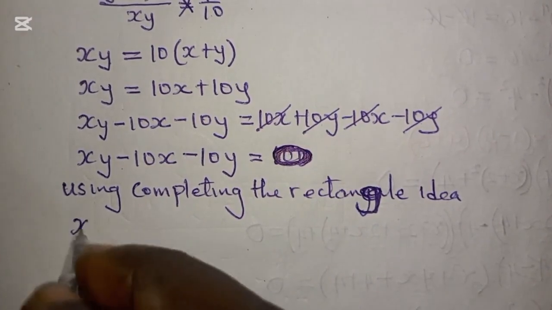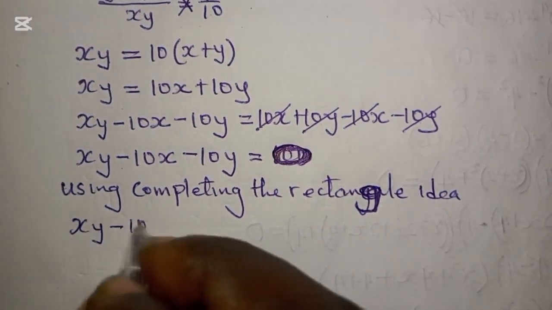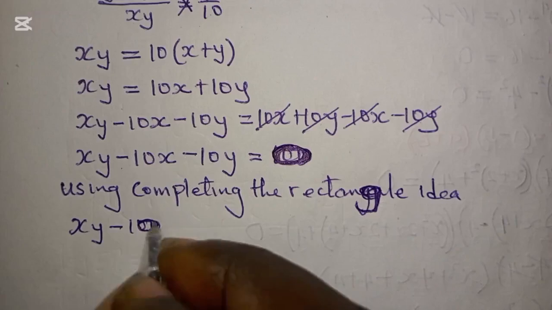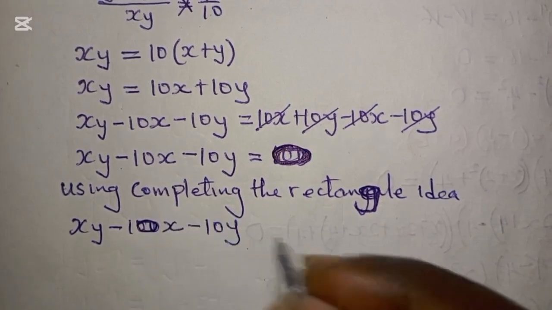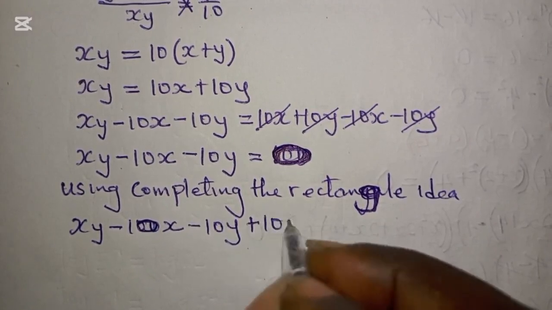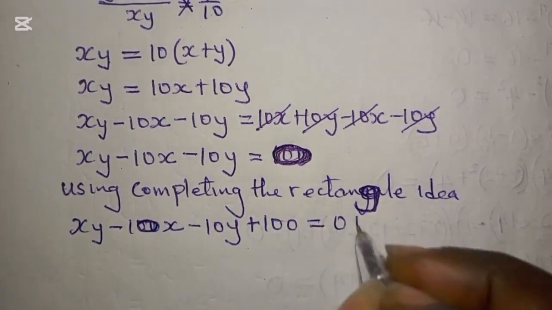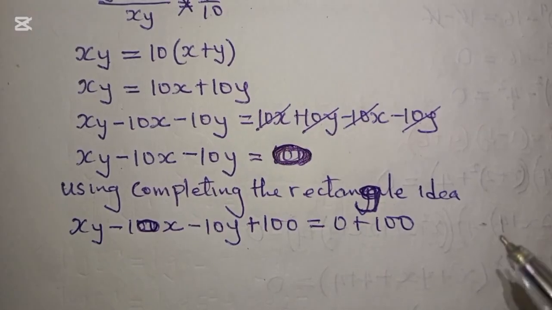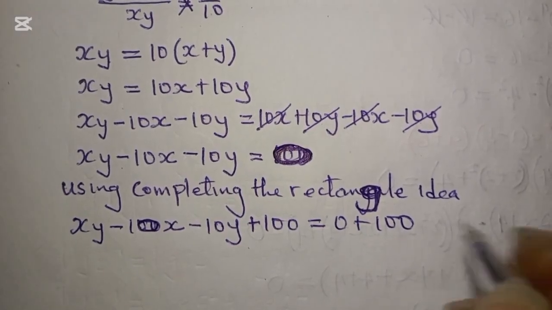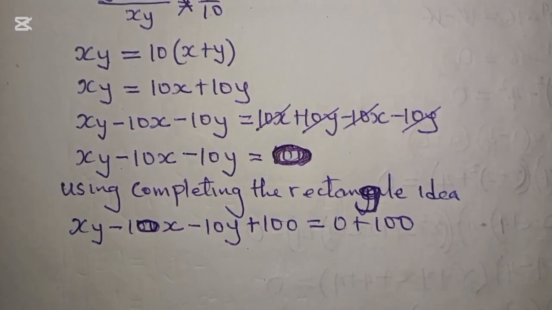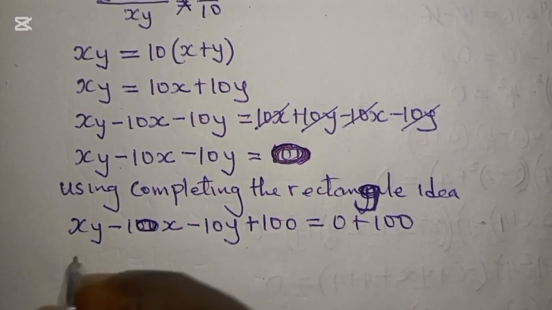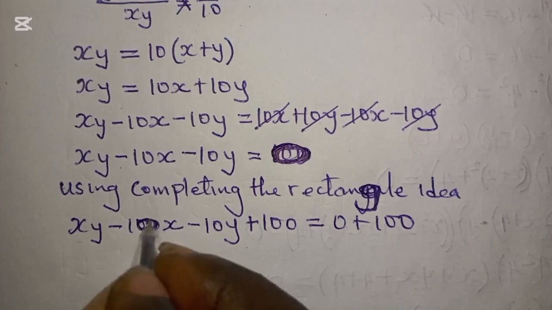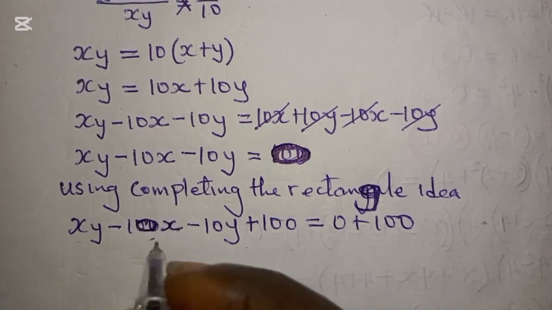So we have xy minus 10x minus 10y plus 100 equals 0 plus 100. If you now factorize this, what is common between xy and 10x?